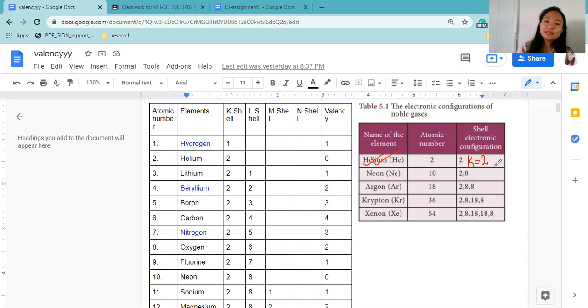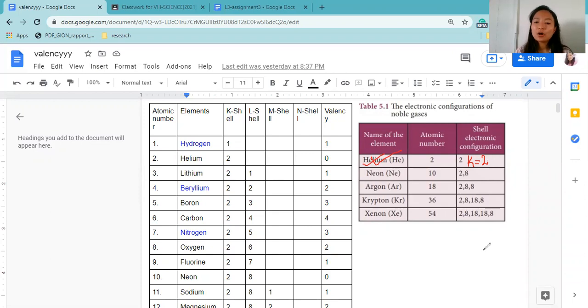So the tendency of atoms of any other elements to become stable by having 2 electrons in the K shell is known as duplet stability.